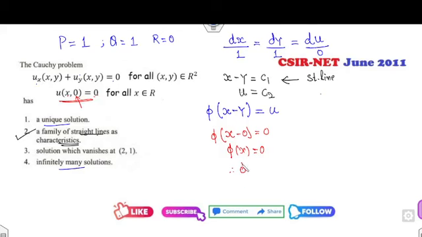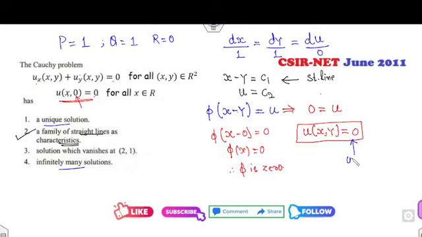What is the meaning of that? Phi is the zero function. So I can substitute: what is phi of x minus y? 0. That means u of x comma y is 0. Fine. Now what does it mean? This is 0, that's always true. So that will give you the unique solution.